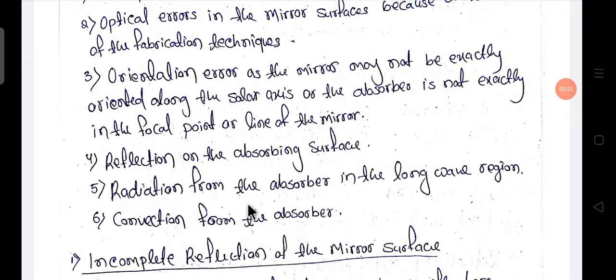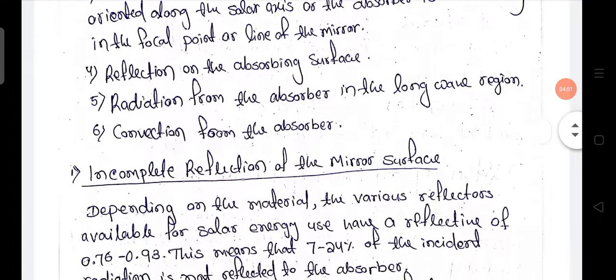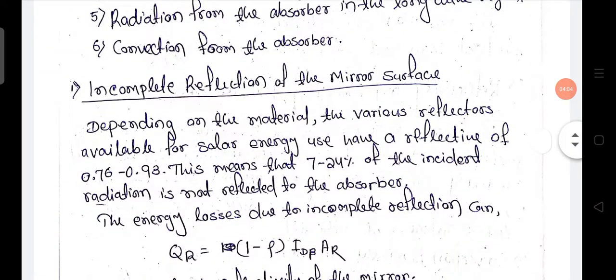The fifth one is radiation from the absorber in the long wave range; for that radiated energy there are some energy losses. And the sixth one is convection from the absorber. That means heat is convected towards the atmosphere from the absorber. That's why some losses are there, and now we'll discuss them briefly.